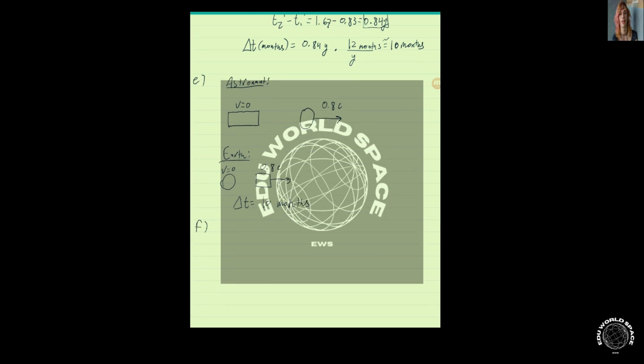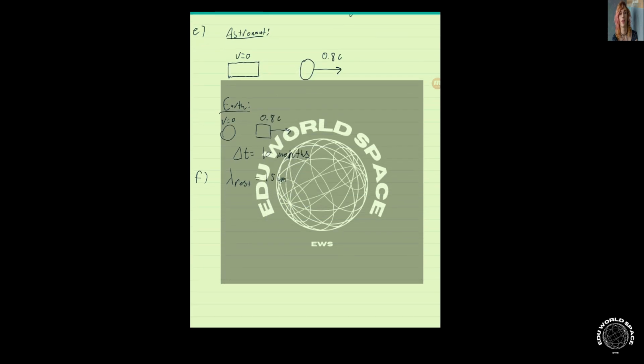Lastly, for part F, we are asked, if the wavelength of the radio on Earth, so we have the wavelength at rest, is 15 centimeters, to what wavelength must the starship's receiver be tuned. In this case, the observed wavelength is going to equal the wavelength at rest times the square root of 1 plus the radial velocity away from the signal source, which in this case is just the velocity that we're traveling at.